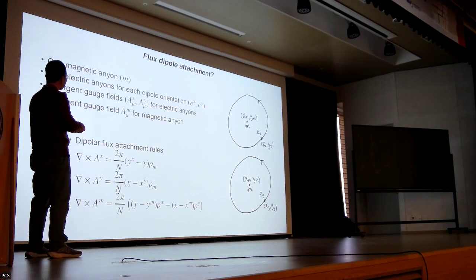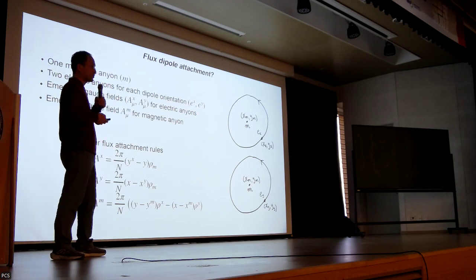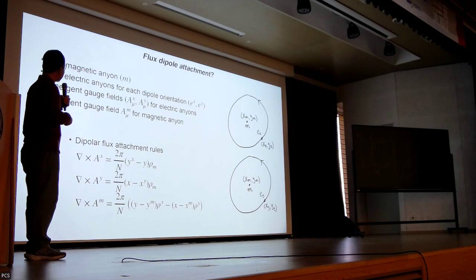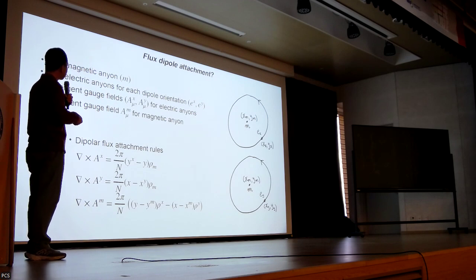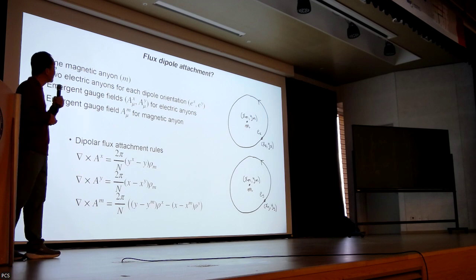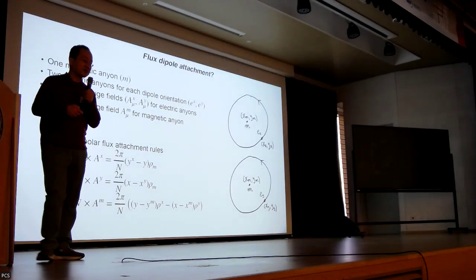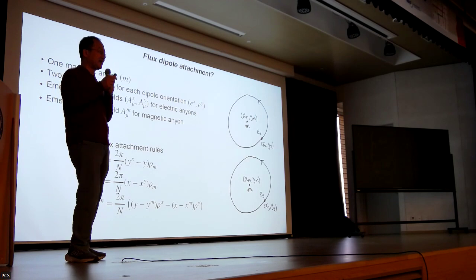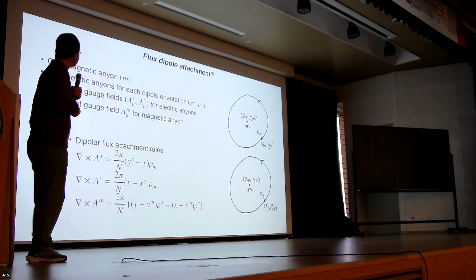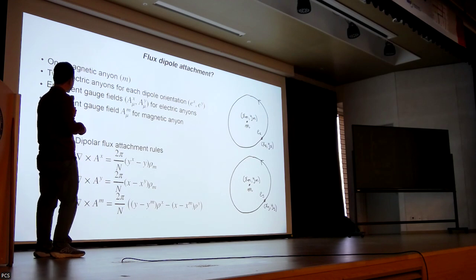So let me call them EX and EY. And presumably, at the end of the day, there will be some gauge field associated with each of these anyon species. So let me introduce them in a preemptive manner here. And I'm also going to introduce the M anyon in the same spirit as in the previous case of E and M anyon pairs. And presumably there will be a corresponding gauge field associated with that anyon as well.